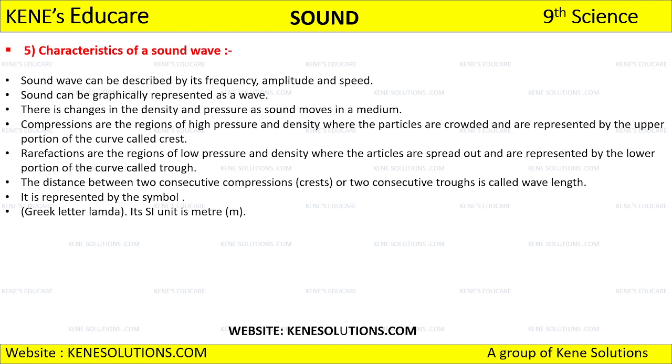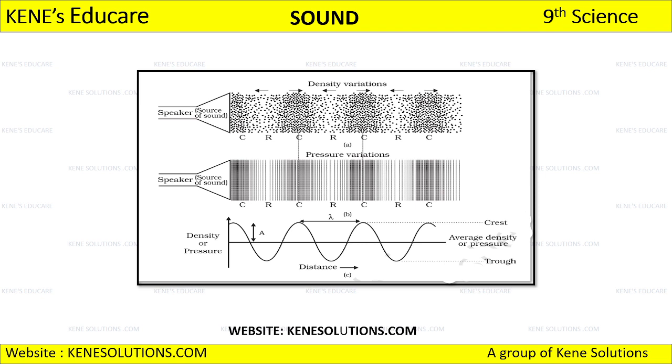Now the next thing that we need to discuss after the characteristics of a sound wave is the frequency. But before that, if you had a look when I scrolled, we have a diagram to discuss, right? It has been labeled as speaker, which is the source of sound. Whenever we are playing the speaker, you will find that continuous compression and rarefaction is going to happen, right?